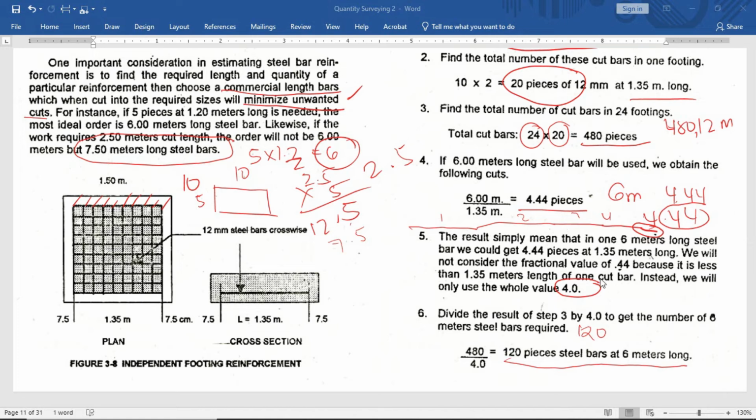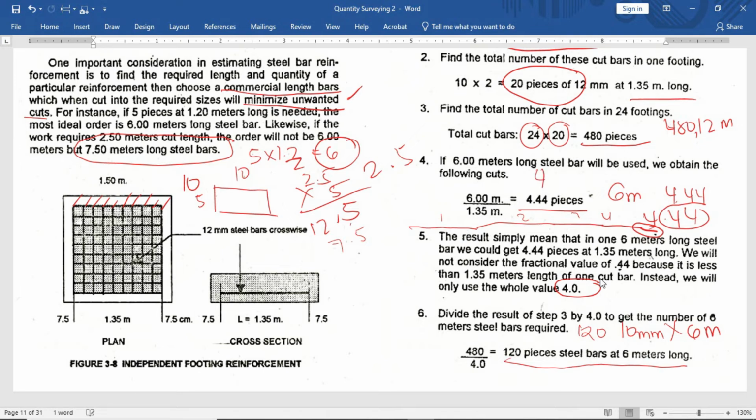So ang kailangan natin is 120 pieces of 10 mm diameter bar by 6 meters long. So, naulit ko, hindi na natin consider yung 0.44 kasi nga less than na siya sa length ng 1.35. So, whole number na.